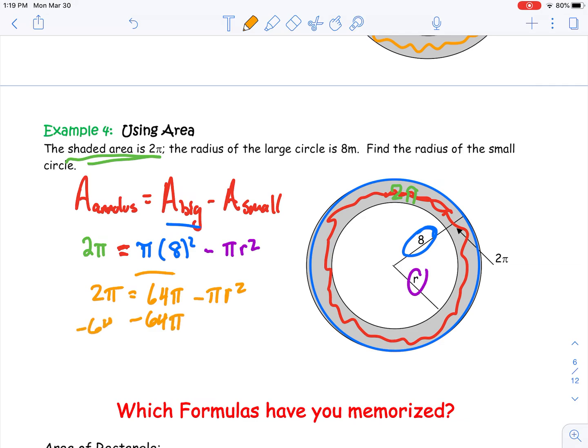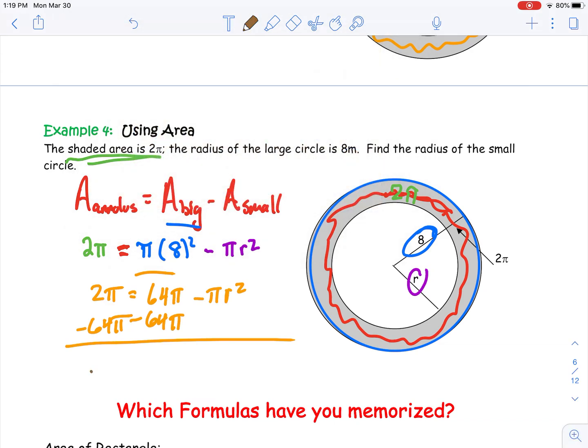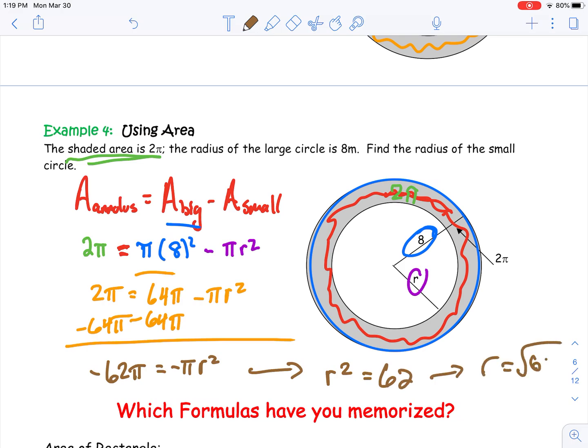Subtract off 64 pi. At this point, I end up getting negative 62 pi is negative pi r squared, which means my radius squared is 62, which means my radius is square root of 62.